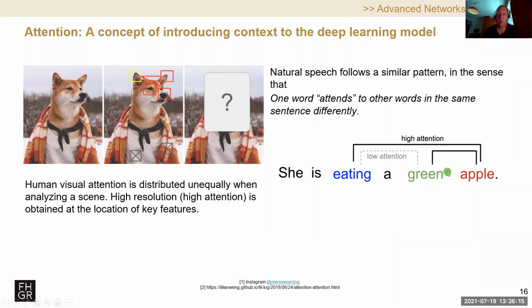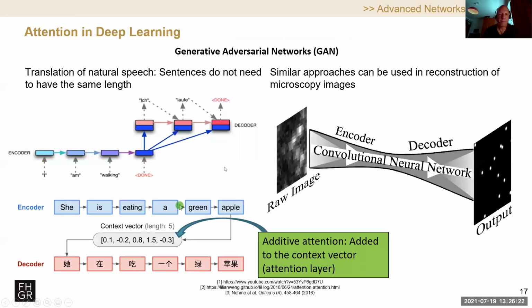So green corresponds to apple, not so much to eating, right? And this is a problem in neural networks, but that has been solved using approaches where you have something that is called an encoder and a decoder. And these are, of course, both networks that are operating jointly.